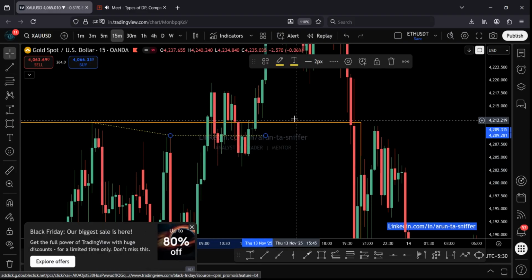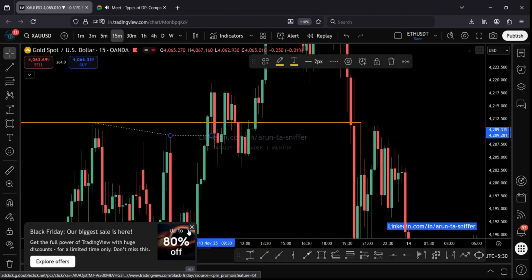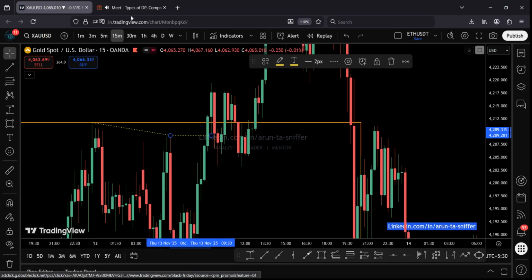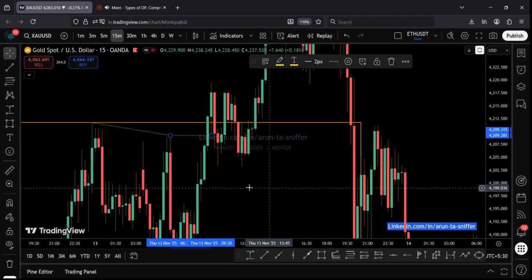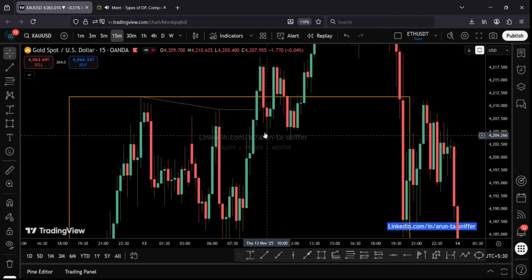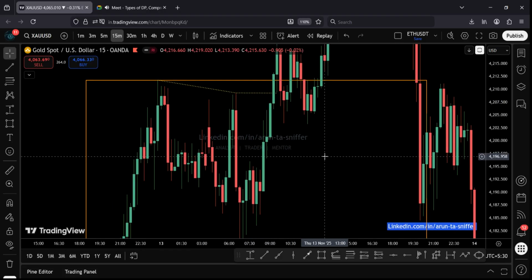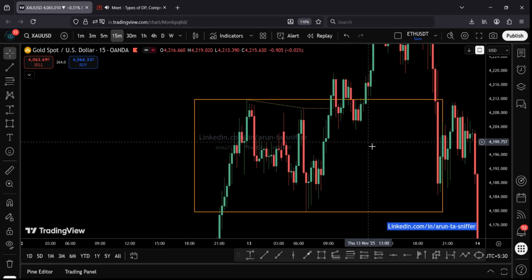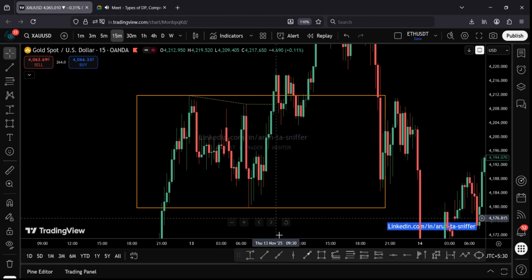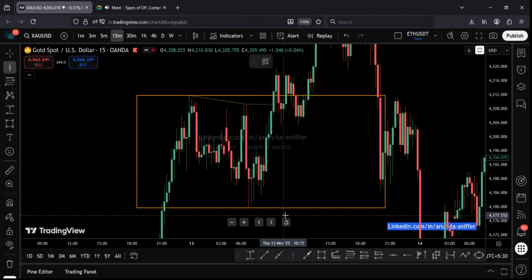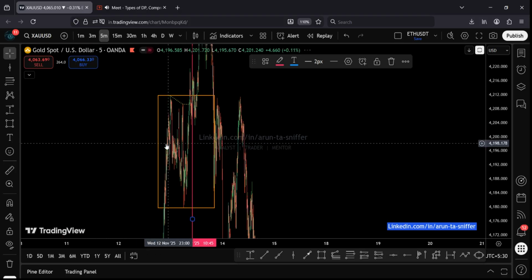And we will have to find which one break this level. Let's go and find like this. Let's go to the lower time frame, 5 minutes. See if data is available. Yes.